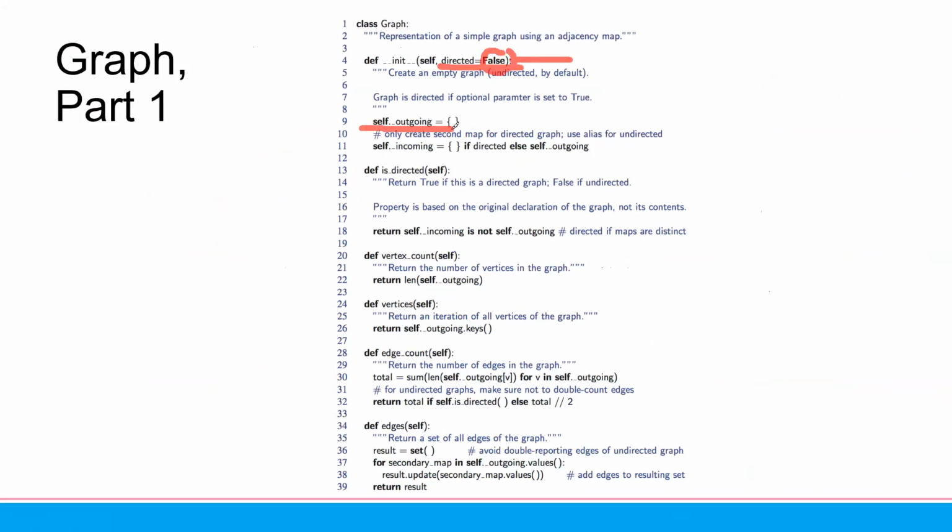And then we have the outgoing and we have the incoming. If it is directed, we can have the incoming and we can have the outgoing. But if it is false, then let's have only one, which is outgoing.